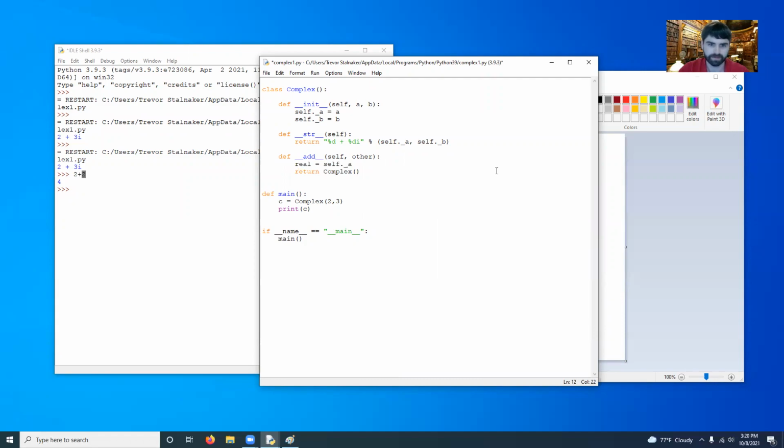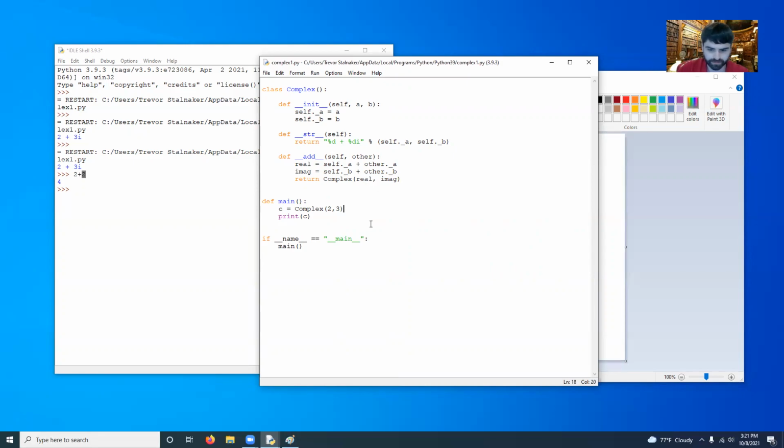The real part's going to be self.a plus other.a, because remember, other is a complex number as well. And then we want the imaginary part, which would be self.b plus other.b. Then we just put real and imaginary here. So here's our a, here's our b, and we've made a new complex number that is self and other added together. We've taken our two complex numbers, combined them, and created another one.